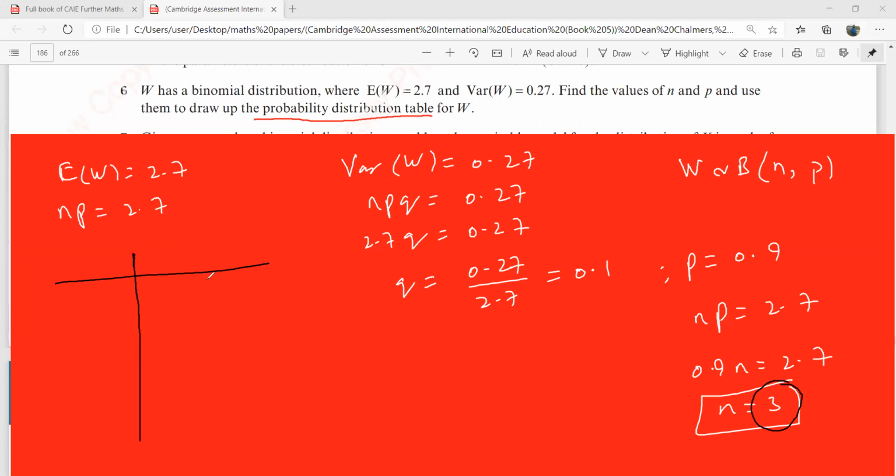There are 3 tosses. What are the possible numbers of heads? 0 to 3. Exactly. So it's going to be 0, 1, 2, 3. I'm giving some space because you will find out the values here.